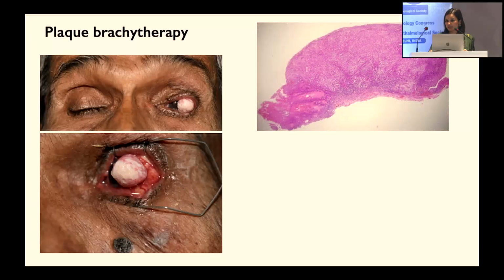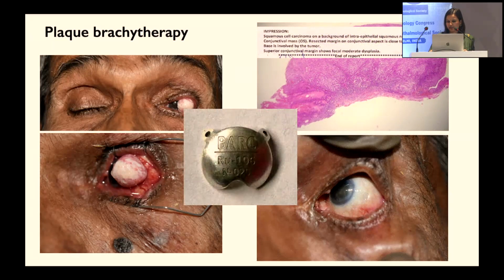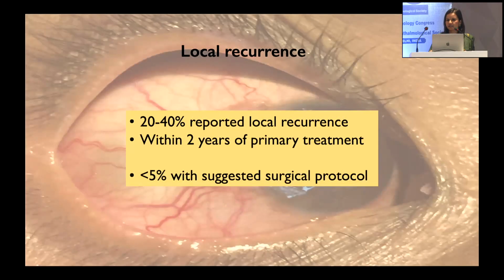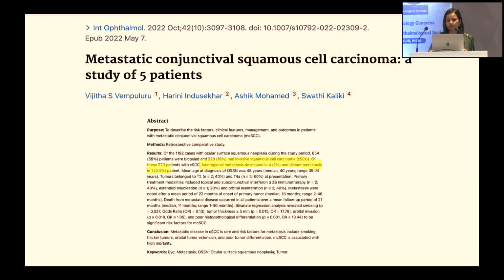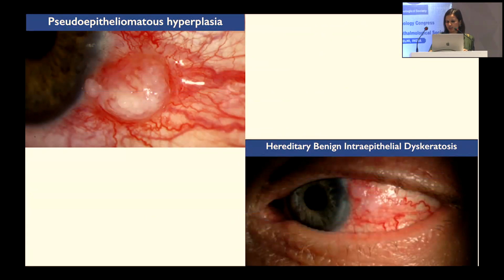Definitely, if the base turns out to be positive, secondary plaque brachytherapy is something that we need to give additionally, so that the base positivity is taken care of. Local recurrence of 20 to 40% has been reported, but if we go protocol wise, the recurrence rate comes down to less than 5%.